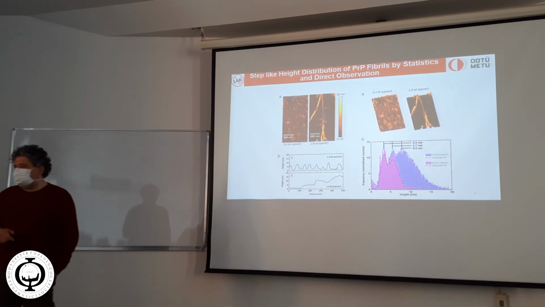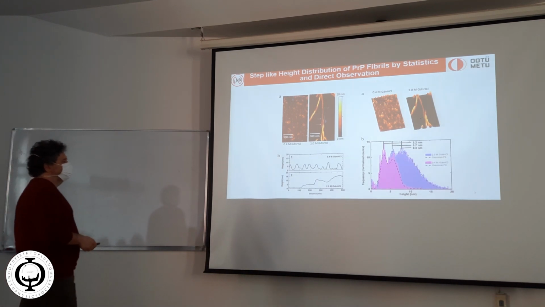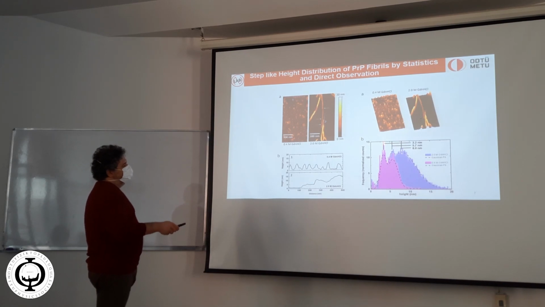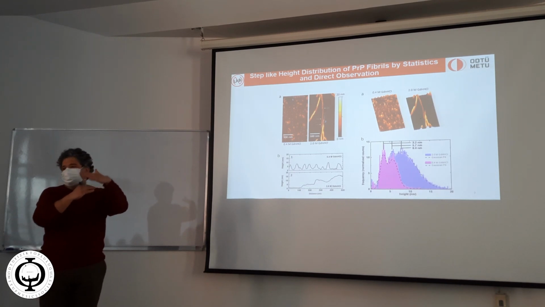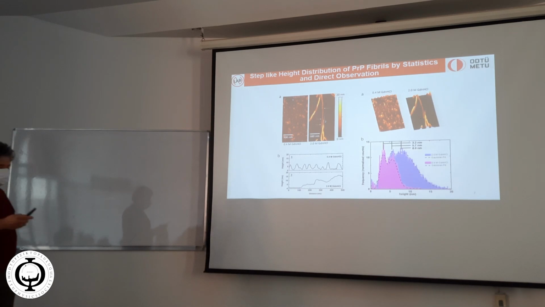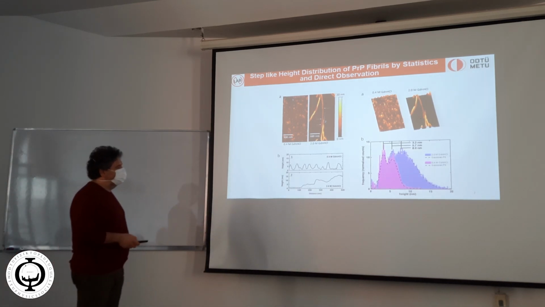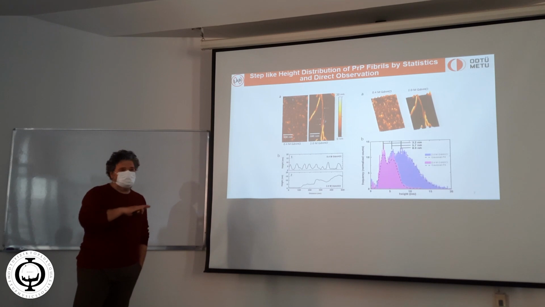Okay? So if you make topographical features into a statistical distribution curve, you can see that there are certain distinct heights along the fibrils or oligomers, which correspond to probably single monomers of the otherwise polymeric substance. Okay. Now, having a careful analysis of this, you can discern single step sizes, differences between the heights.